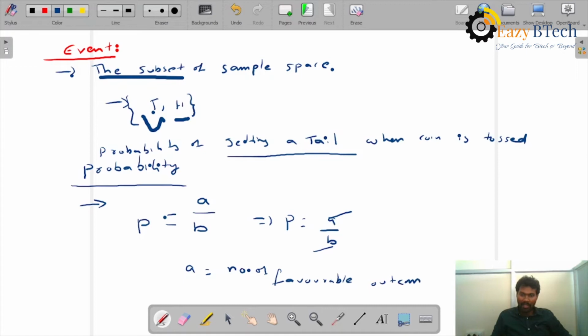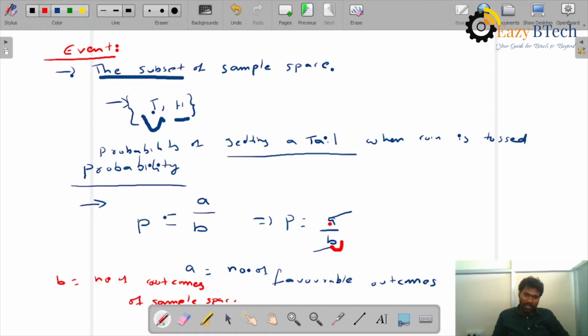I will explain the definition later; it is the definition, so it should be like that only. And b equals the number of outcomes of the sample space.